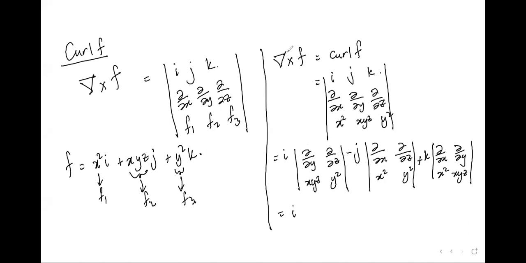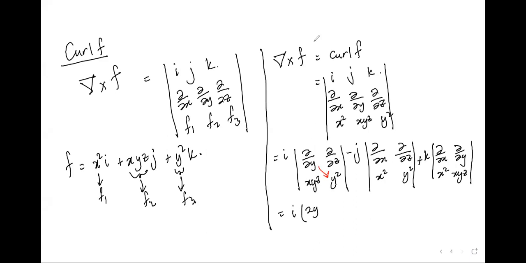All right, so now it's i, and we're taking the first row going across. So we're taking the partial derivative of y squared. What are you going to get when you differentiate y squared? 2y.